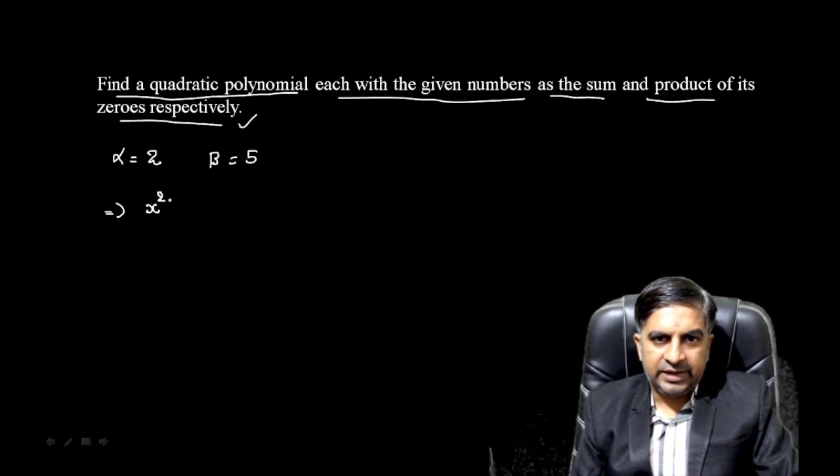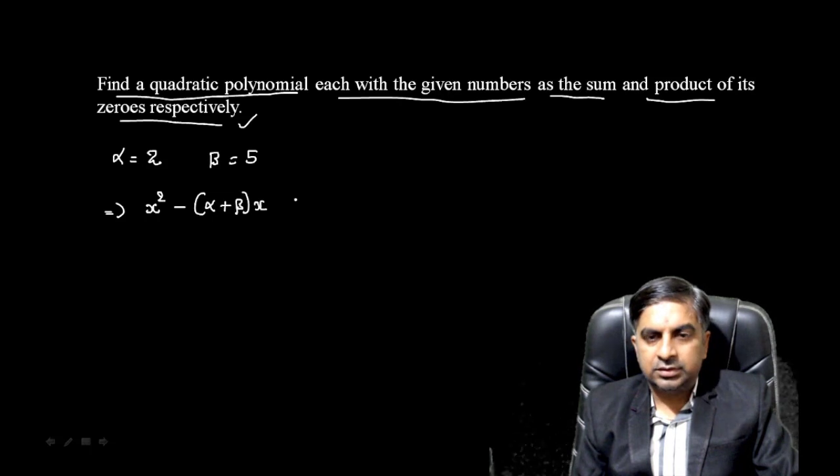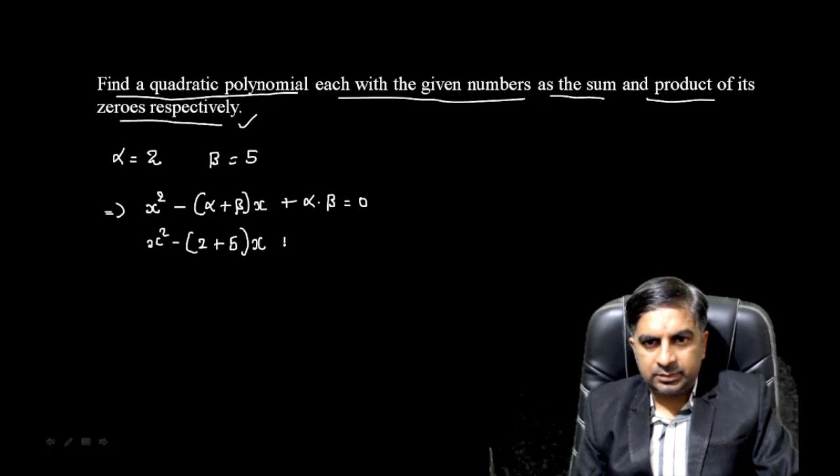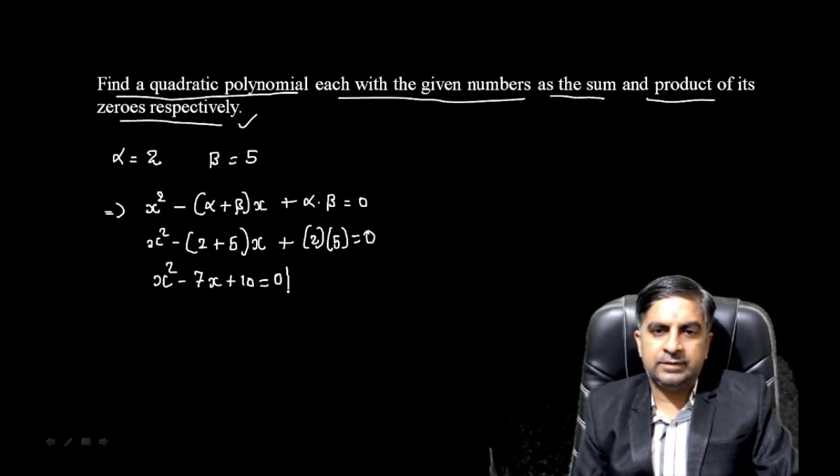Directly use this: x square minus (alpha plus beta) into x plus alpha into beta equals 0. How? X square minus, in the place of alpha you can use 2 plus beta 5, x plus alpha is 2 times beta is 5, equals 0.